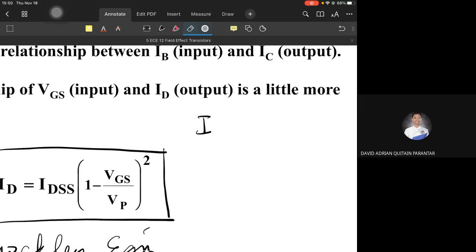Because its internal input impedance is very high, we can approximate IG is equal to 0 amperes automatically, making ID equal to IS. Unlike in the BJT, where you need a special assumption for IE equal to IC, here, just remember that ID is equal to IS.